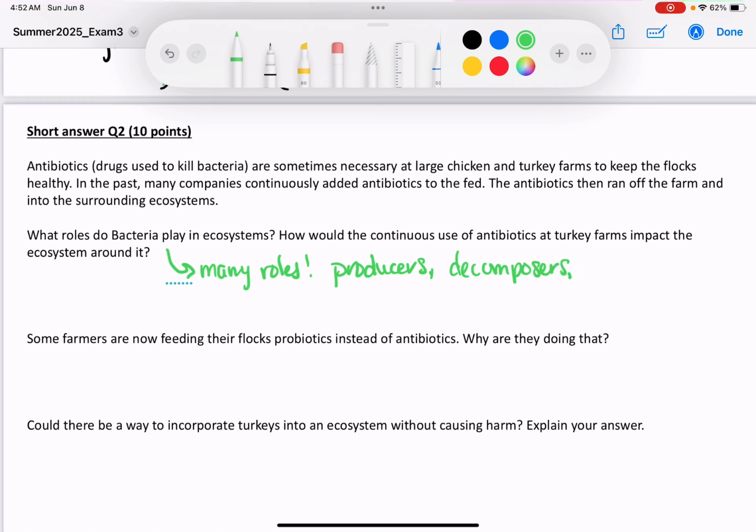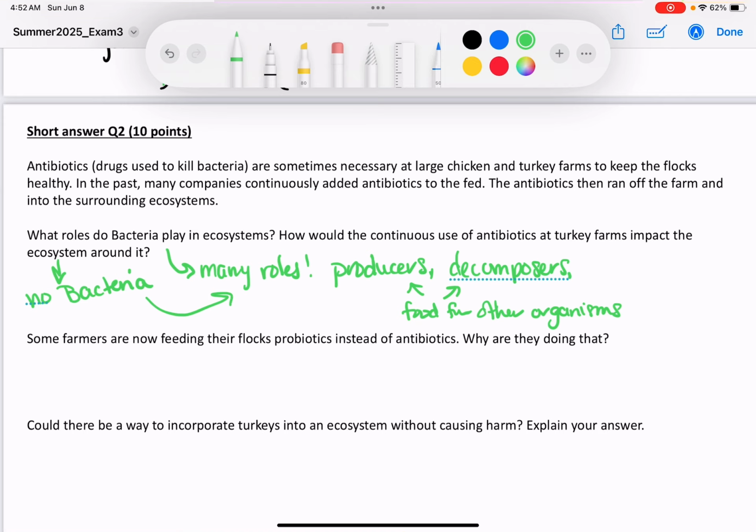And these bacteria can be food for other organisms as well. And if we have this continuous use of antibiotics, then we're going to have no bacteria, and if we have no bacteria, then they can't play those roles.